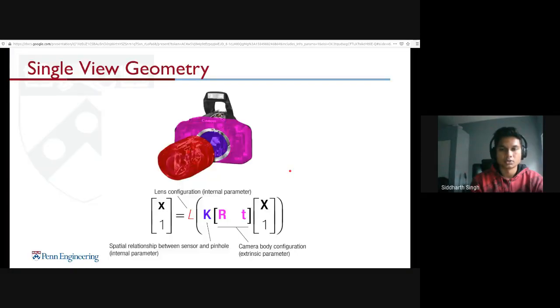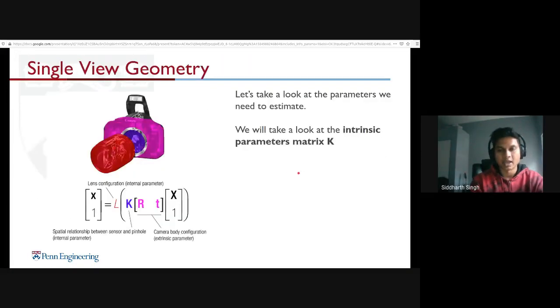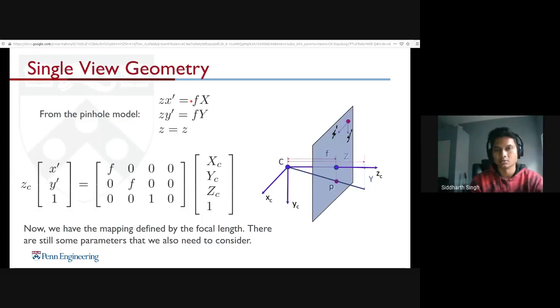So if we wanted to have both x and y components, we can do the same thing. We just do fx upon z and fy upon z, where z is the distance in this direction, focal length.